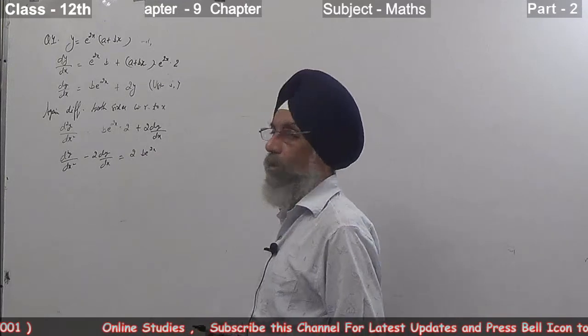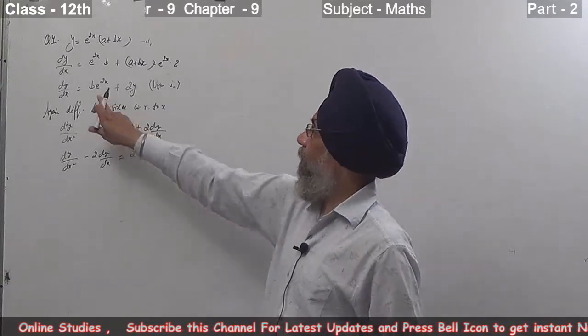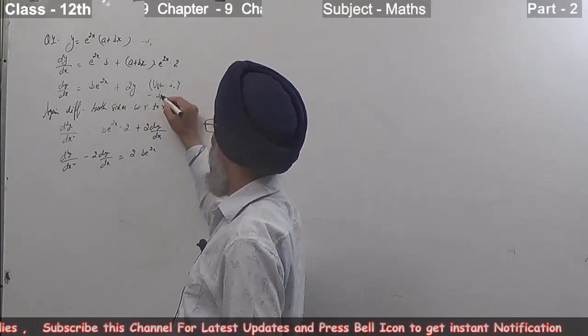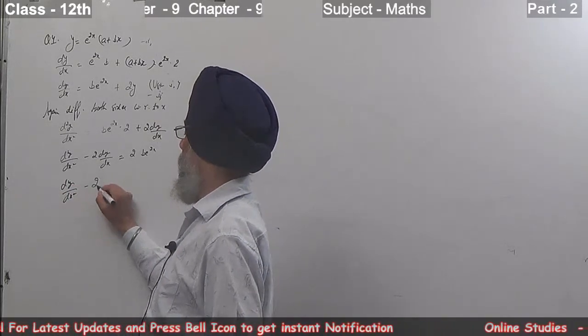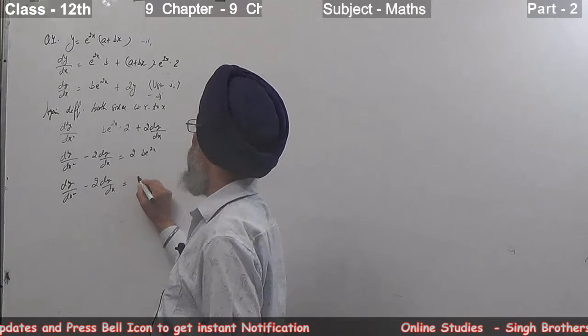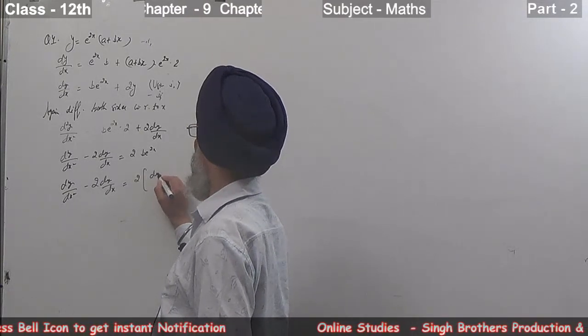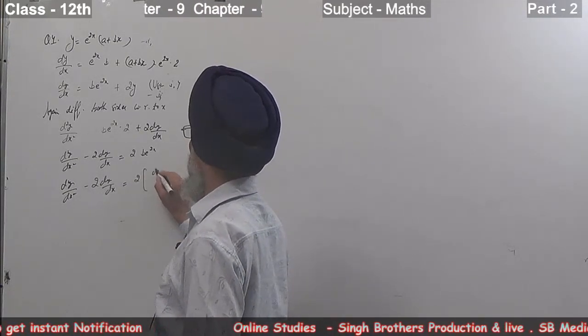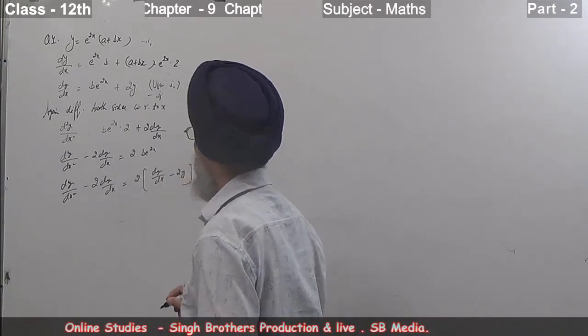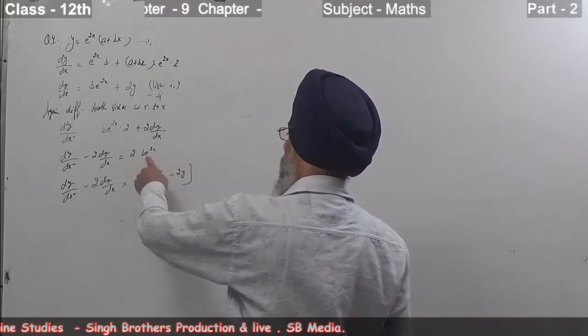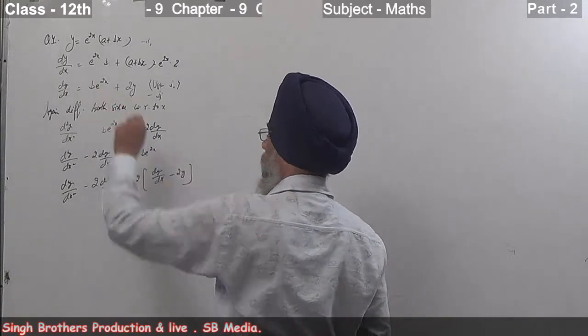If you place the value of b e to the power 2x from the first, call it second. So d square y upon dx square minus 2 dy by dx equals 2 times (dy by dx minus 2y). In the place of b e to the power 2x, we have written dy by dx minus 2y.